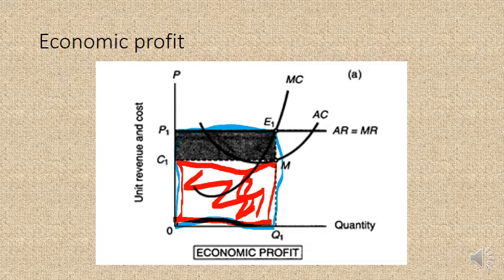And then obviously your profit amount, which we can do in green, would be the difference between these two, which is this green block. It's not dark enough, I'll pick another green. So from P1 down to C1, M, E1, and P1. So they can either ask you to name it or to shade it. Make sure you are comfortable doing both.